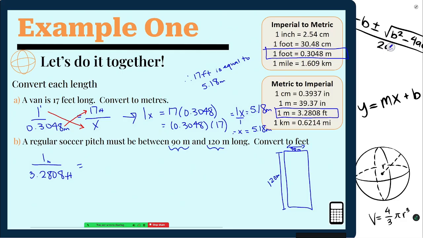So first then let's look at the width. What is 90 meters? So we have 90 over x. x is our unknown. We're going to cross multiply. 1x, you can also just put x. 1x is just 1x.